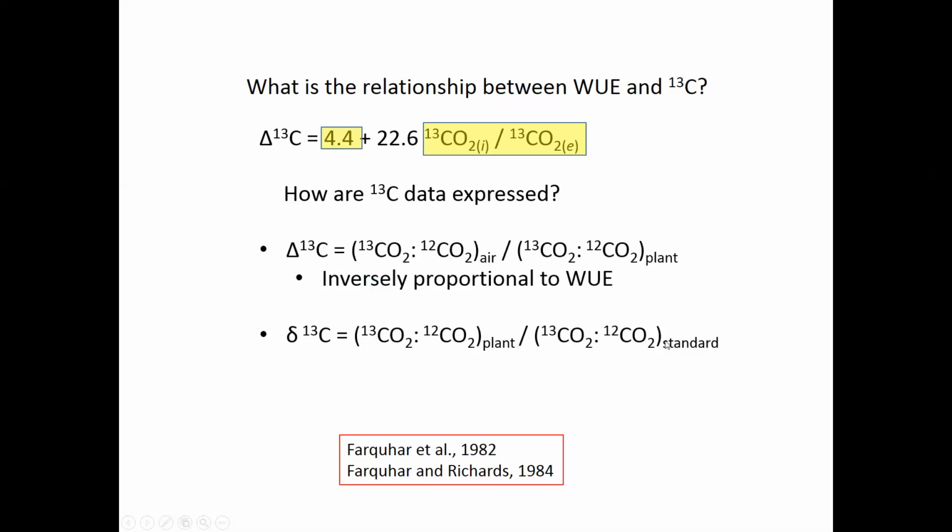And in this case, the standard is PD belemnite, just a standard that's recognized worldwide. And this is directly proportional to water use efficiency. So that's what we'll be talking about primarily in the work that I'll be presenting.